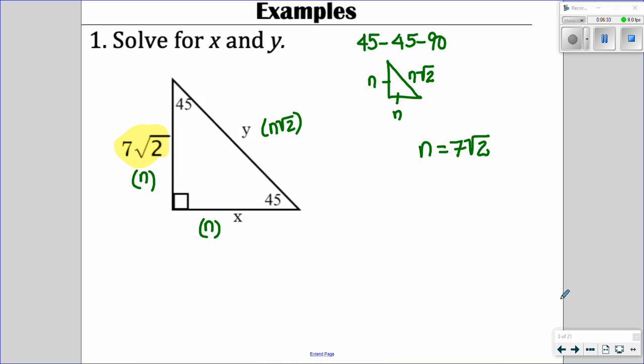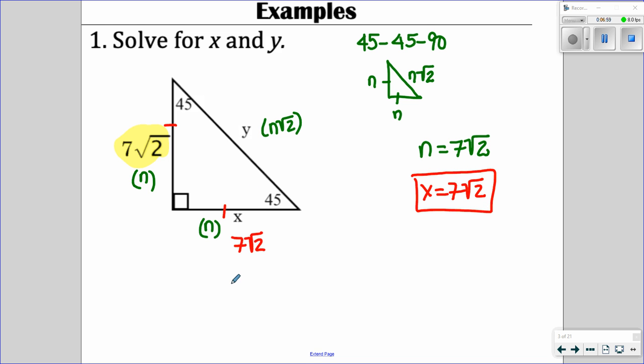Since it's 45, 45, 90, this side has to be congruent to this side. So that means x is going to be 7 root 2. So I'm going to put x equals 7 root 2. So I already found 1.